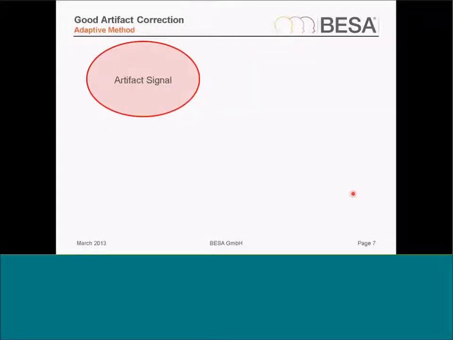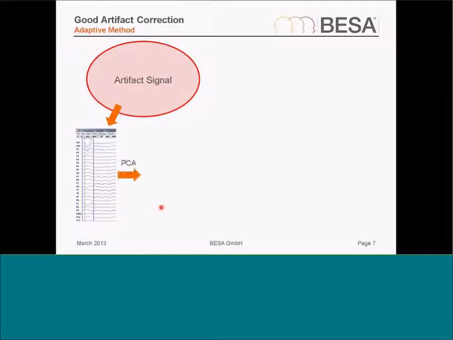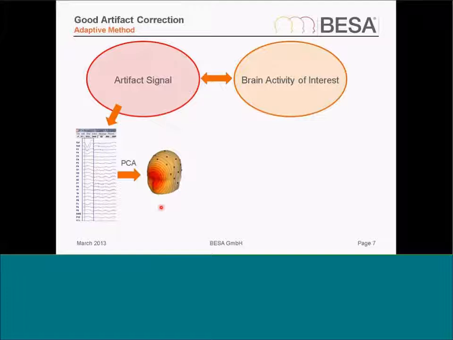So let's start with the adaptive method. We have an artifact signal that we can average. Here on the left-hand side, we can see the topography of the artifact, very nicely averaged. We do a PCA of that, we get a topography, and now we want to contrast that with the brain activity of interest. For the brain activity of interest, we can make some assumptions.